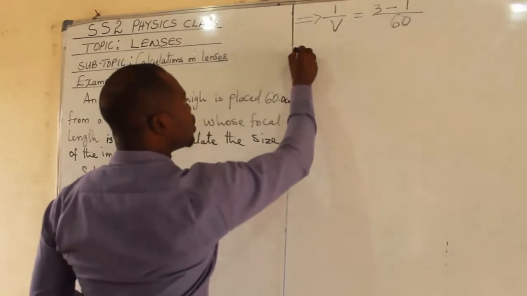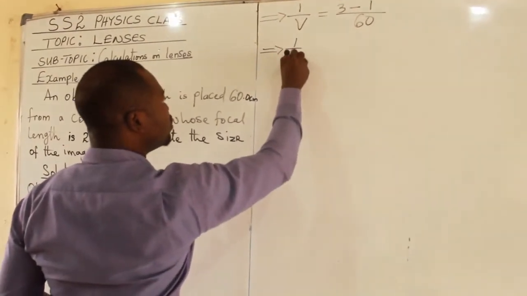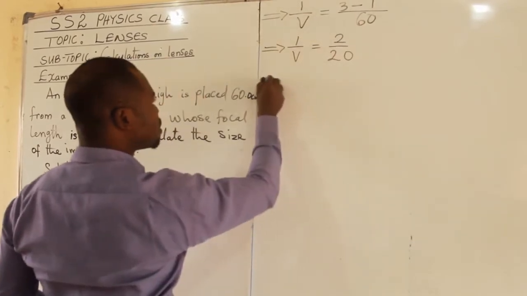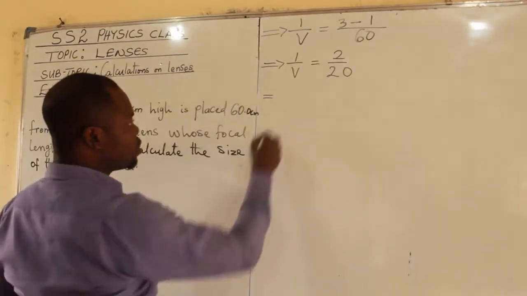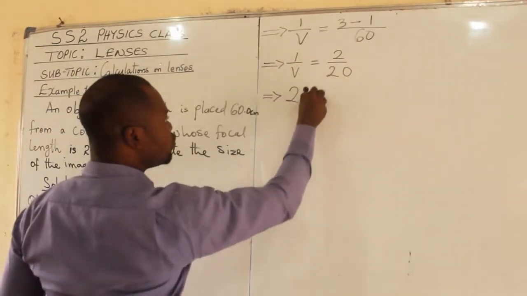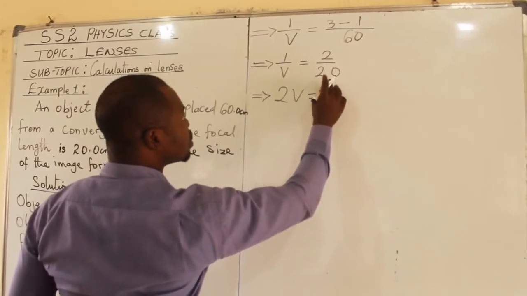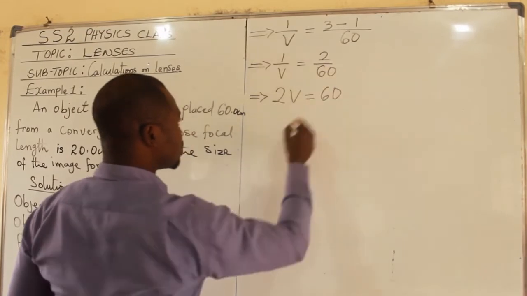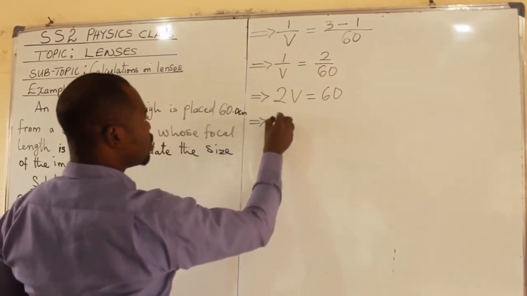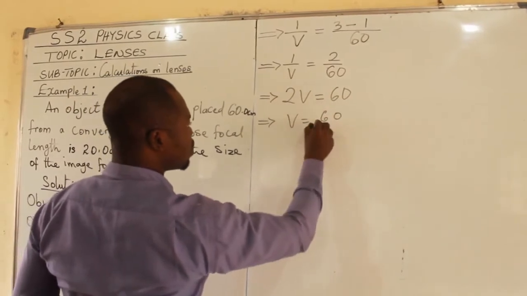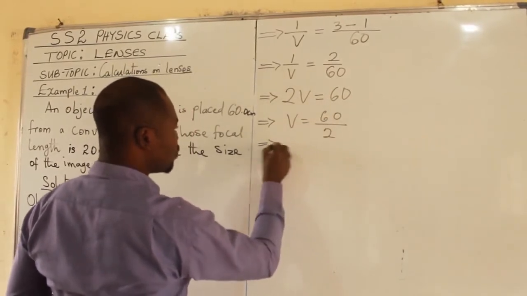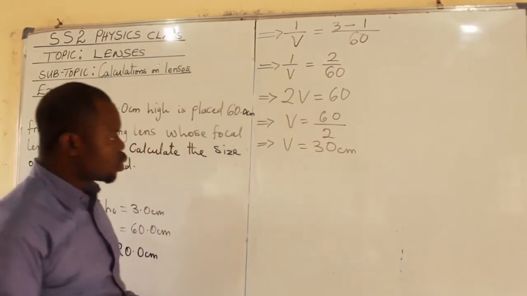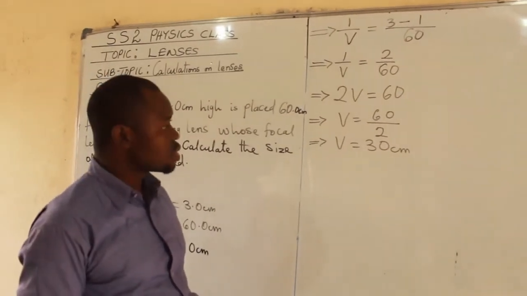Therefore 1 over V equals 2 over 60, such that if you make V the subject, 2V equals 60, so V equals 60 over 2. V equals 30 centimeters. So the image distance equals 30 centimeters.